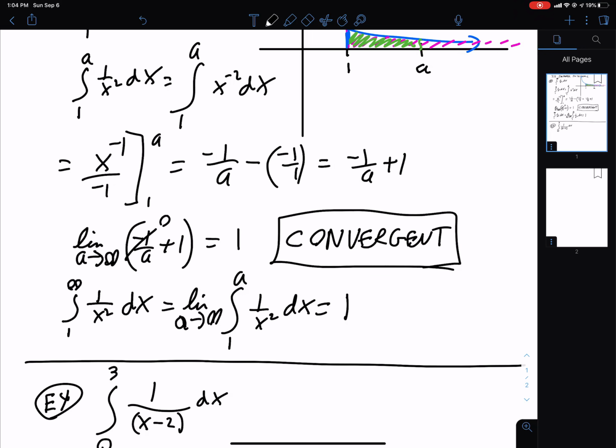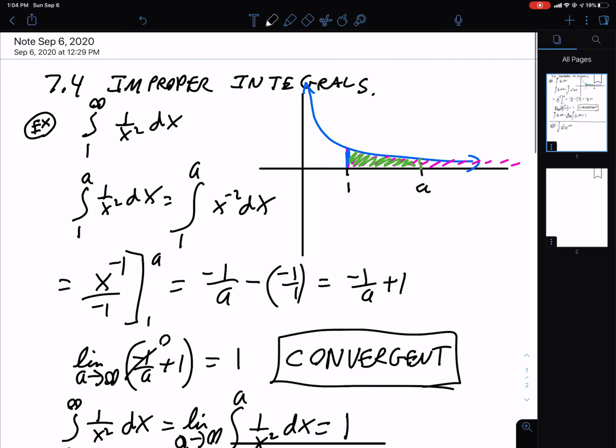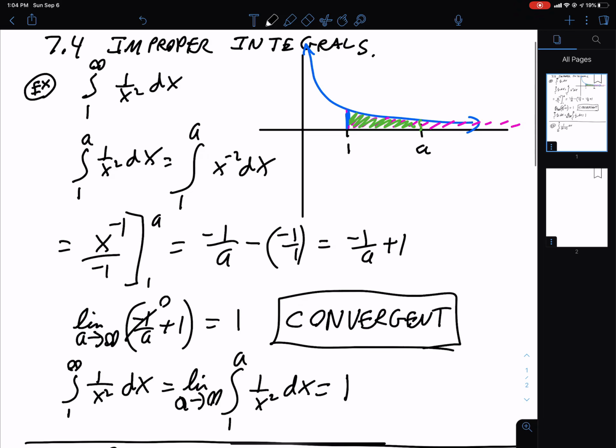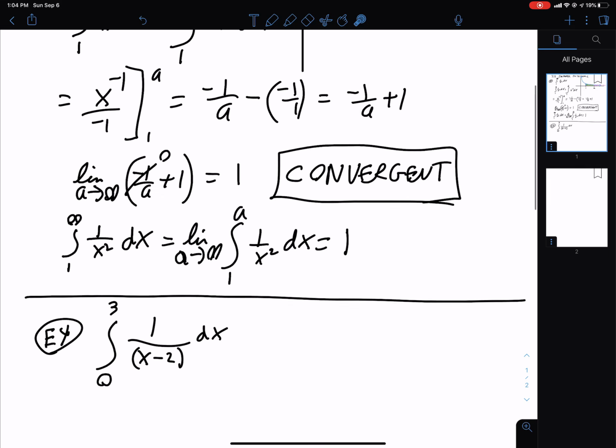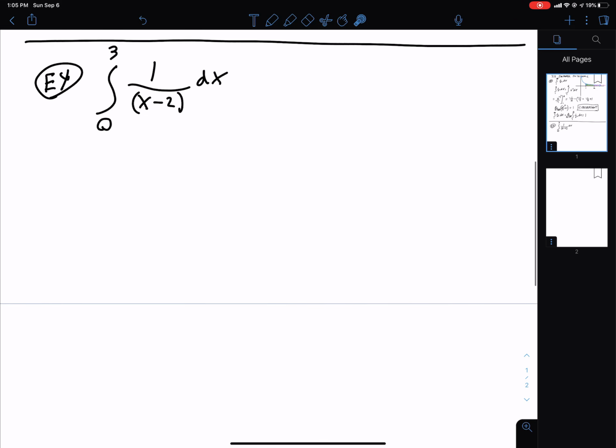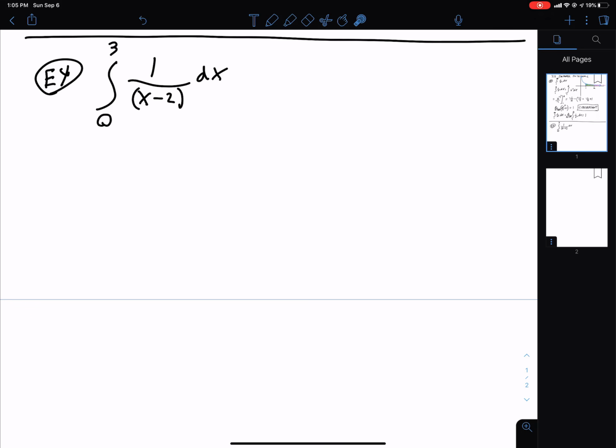So that's how you would do that. So that's the first case of an improper integral, when one or both of your limits of integration are infinity.